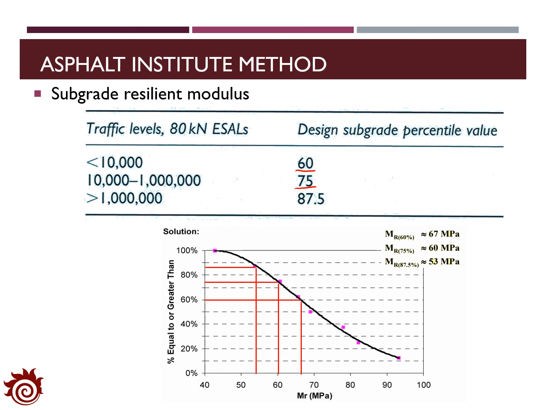If the ESAL is higher than 1 million, then we have to choose the 87.5th percentile. The figure below shows the distribution of the MR from different tests. In this example, the 60th percentile is 67 megapascal, while the 87.5th percentile is 53 megapascal.